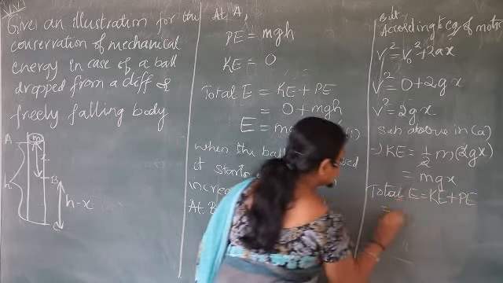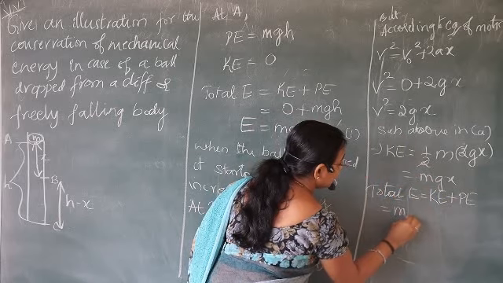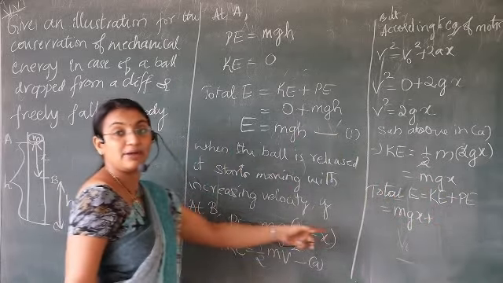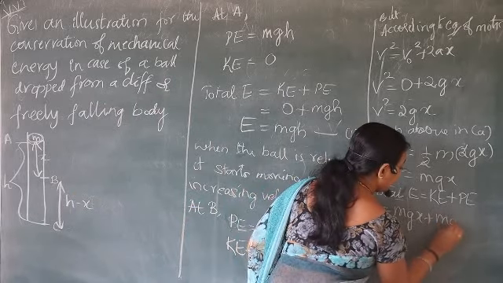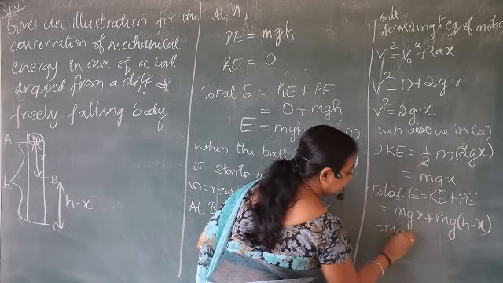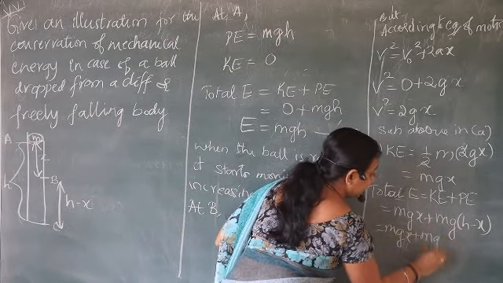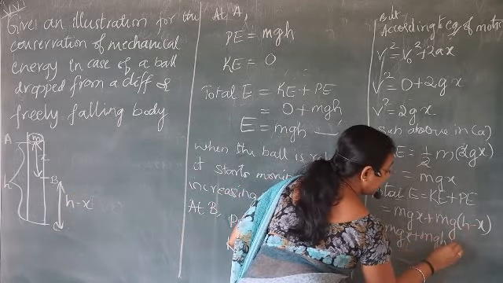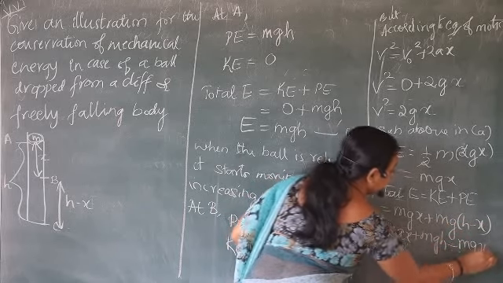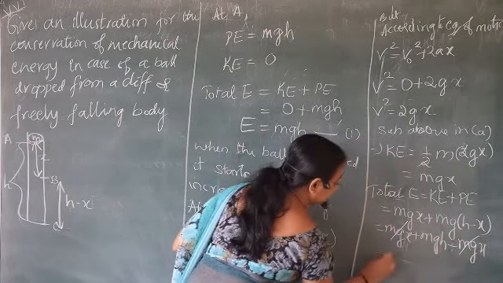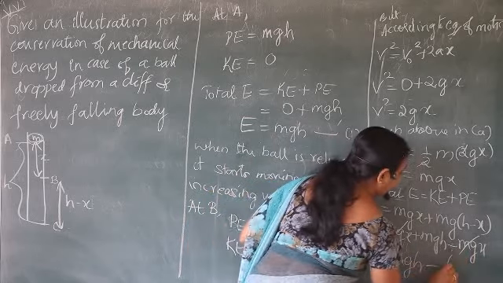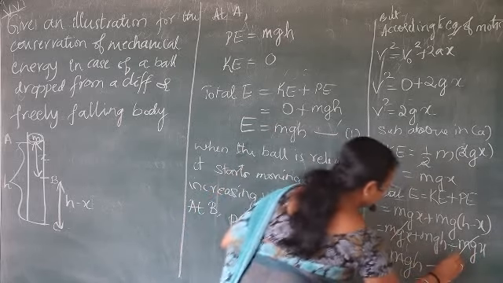What about kinetic energy at the point B? mgx plus potential energy mg(h minus x). Then mgx plus mgh, plus into minus is minus mgx. mgx gets cancelled. Total energy is mgh. Let it be equation number 2.